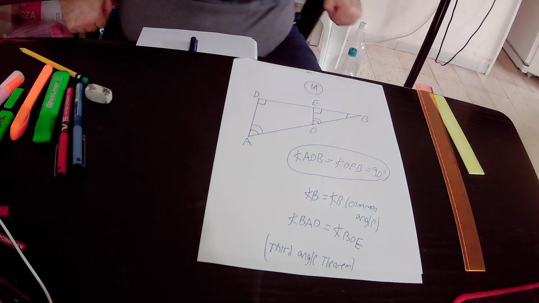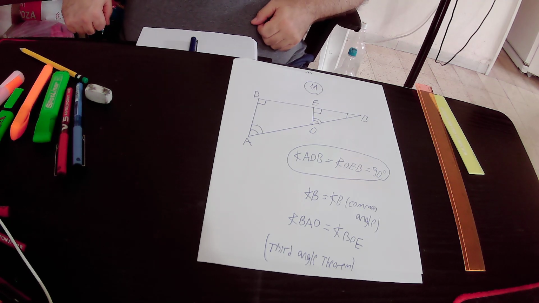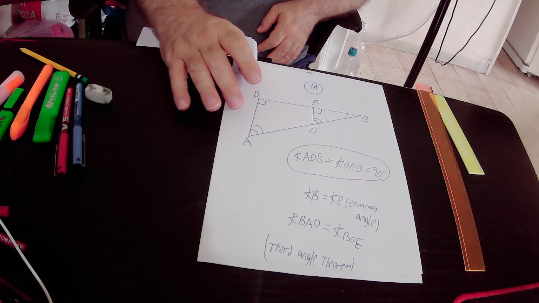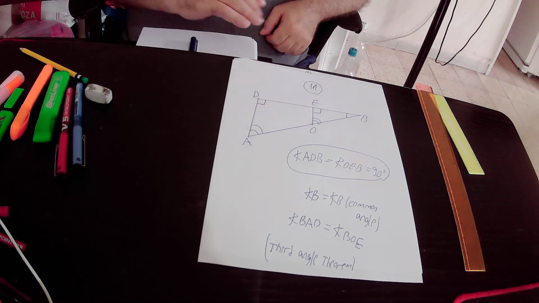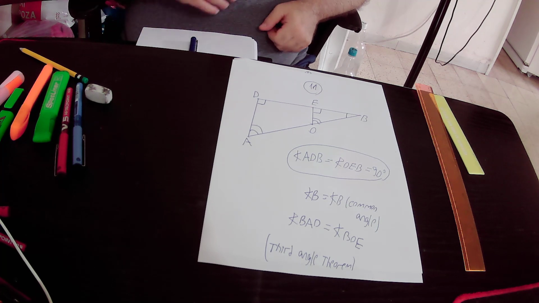Okay, so we actually proved that all the angles in the big triangle, triangle ADB, are equal to all the angles in the small triangle, triangle EOB. Therefore, we proved that the big triangle, triangle ADB, is similar to the small triangle, triangle EOB, according to angle rule. So I write it down.